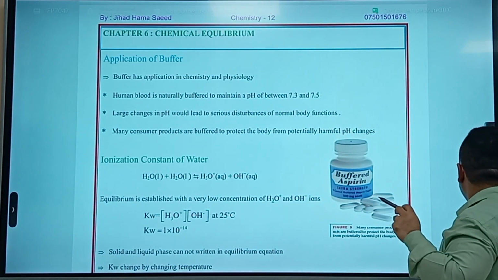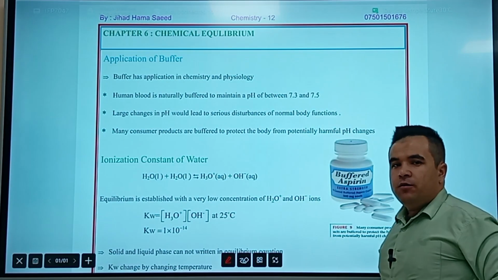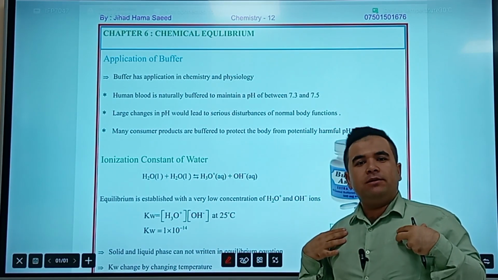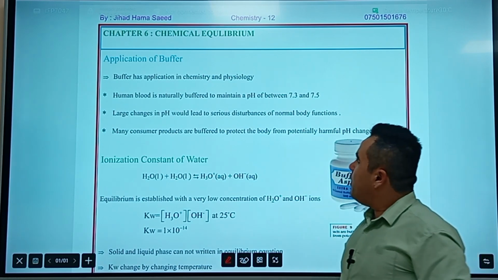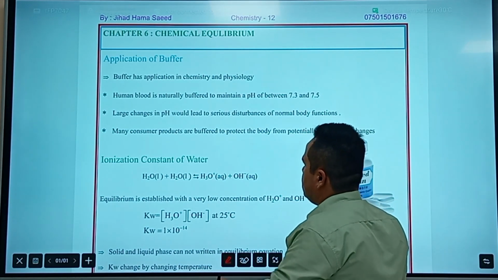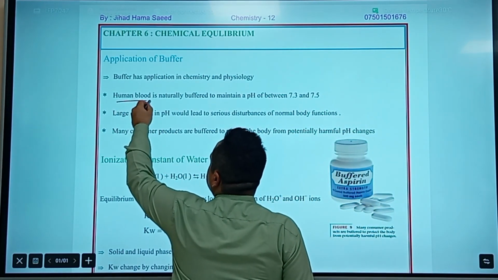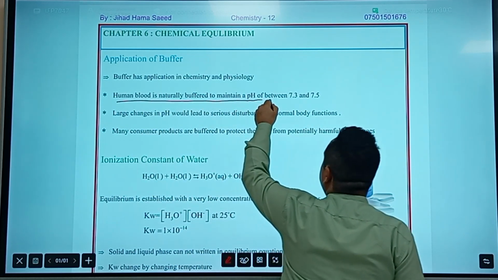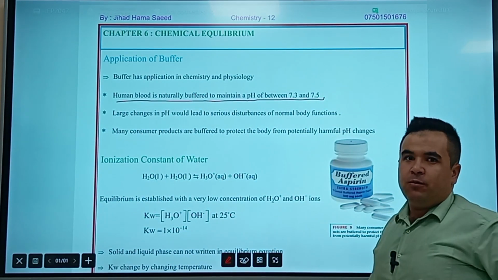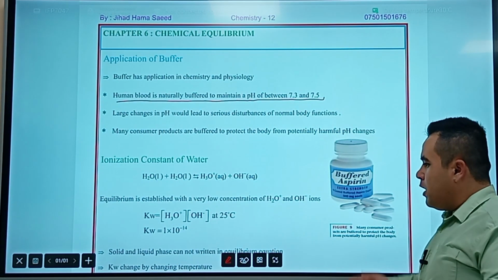Application of buffers, guys, just for information: our blood, the human blood, is buffered. Human blood is naturally buffered to maintain a pH between 7.3 and 7.5. Why?